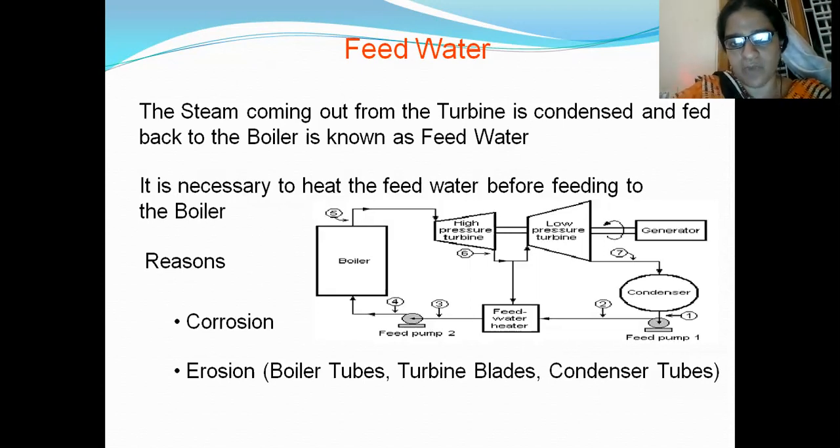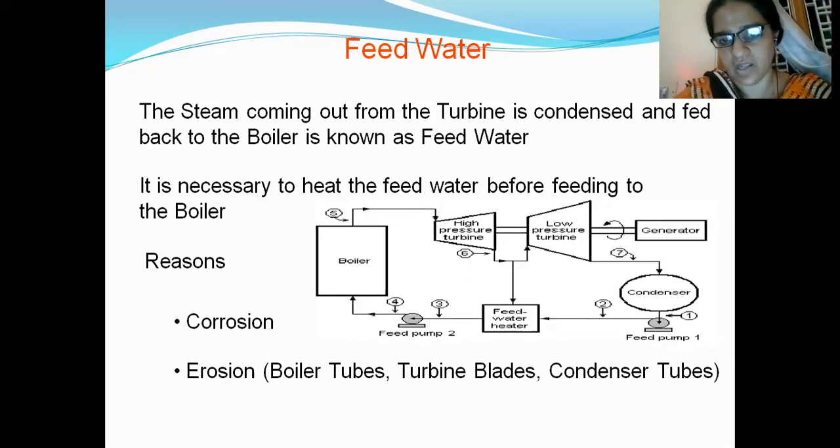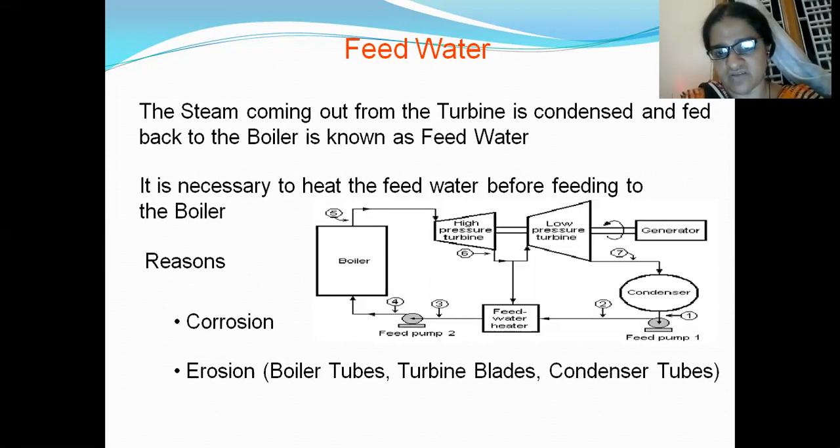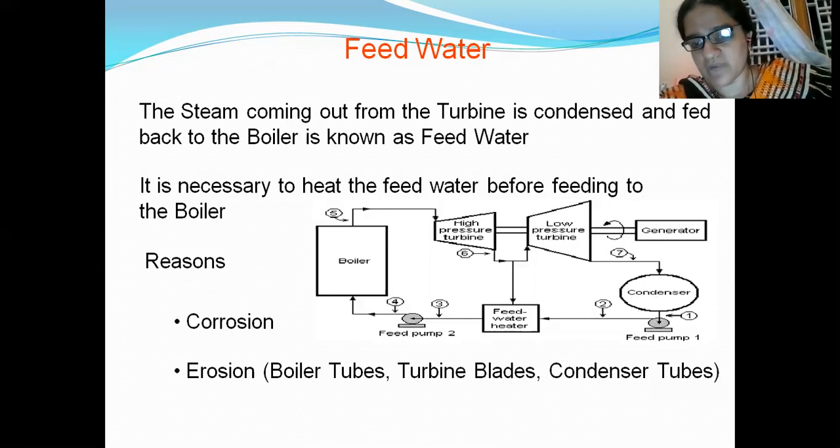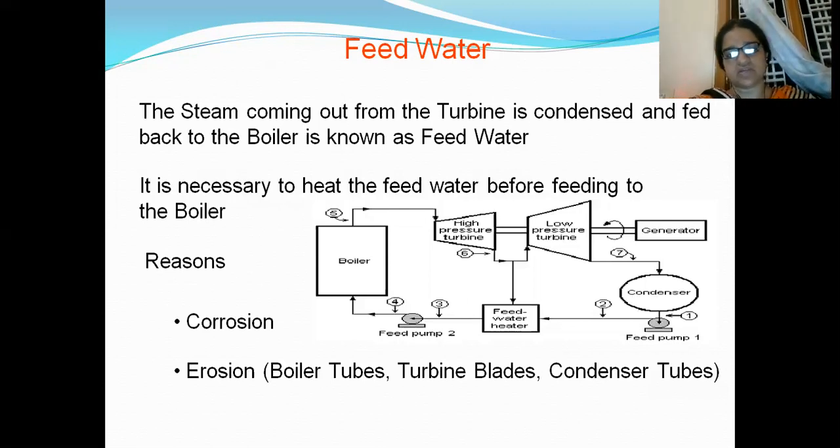Let's say from the boiler, steam is given to the turbine. From the turbine, whatever leftover steam is there is given to the condenser. From the condenser, you are again giving it to the feed water pump, and from there to the feed water heater. From the feed water heater, it is given to the boiler.